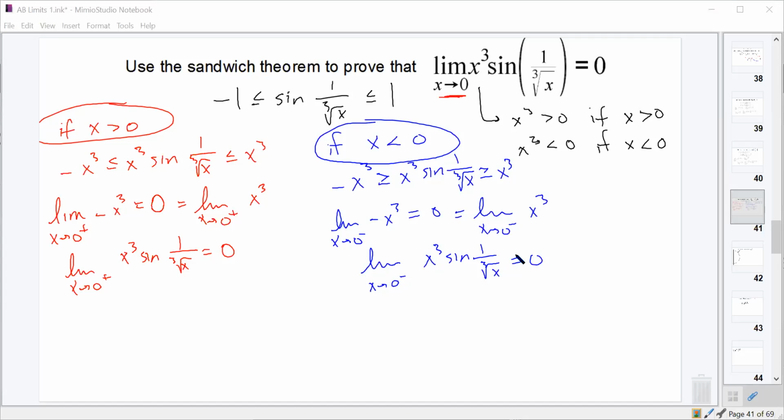Which tells us what? Because the limit on the left is 0 and the limit on the right is 0, the limit of the full function, the two-sided limit, is also 0 because the limit from the left and the limit from the right are equal to each other.